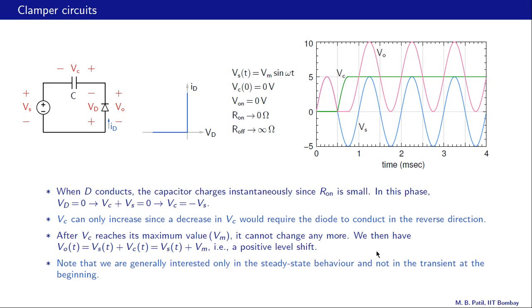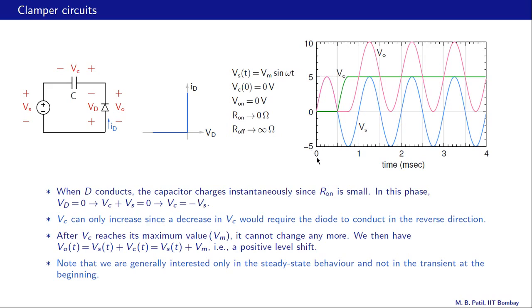Before we leave this example, we should make a comment, and that is we are generally interested only in the steady state behavior of this circuit. So that means this part here, and we have really discussed all of this only to understand the circuit better, but in practice we really don't care about what exactly happens over there.